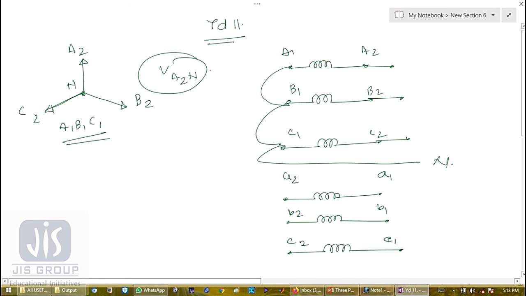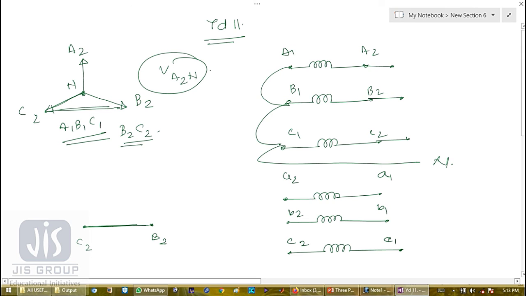So this is my B to C2. Okay, the line to line voltage is B to C2. So let me draw that first. So this is my primary line to line voltage B to C2.